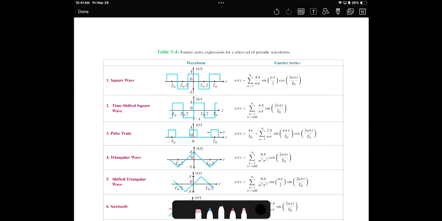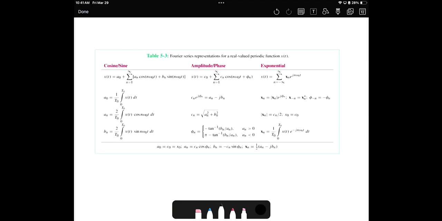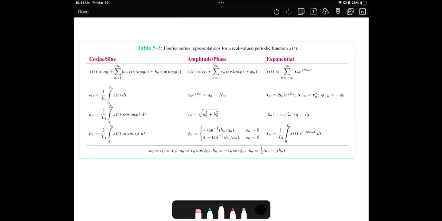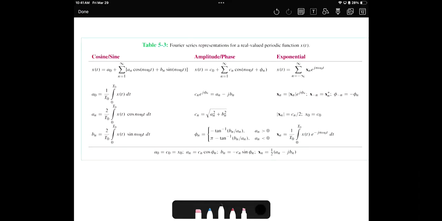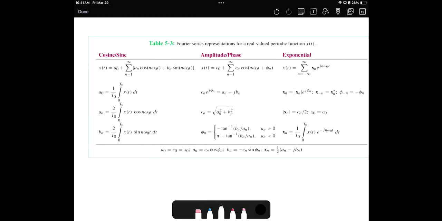How about if we need to have a Fourier series written in the complex form? Here's the summary. There will be another table, but let's look at the table here.